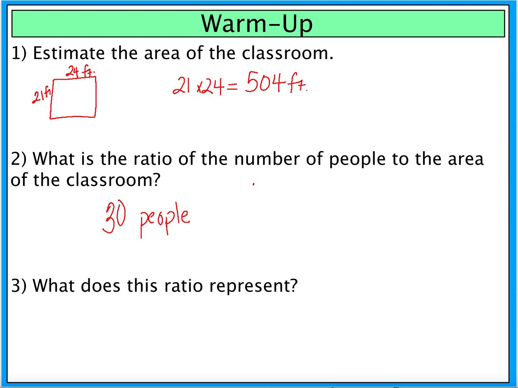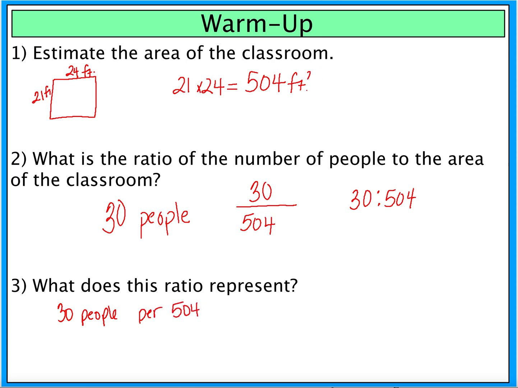So we can write a ratio either as a fraction, or we can write it with a colon in between. But there are several ways that we can write that. Okay. We could also simplify it as a decimal. But this basically states that there are 30 people per 504 feet. Oops, I forgot my squared here.